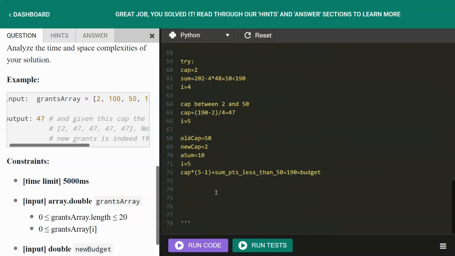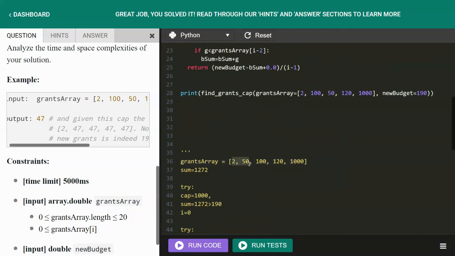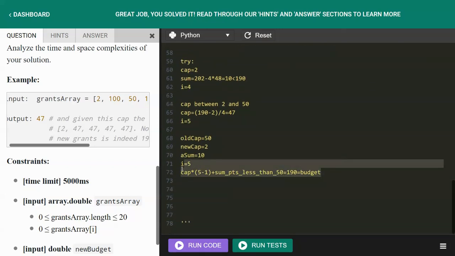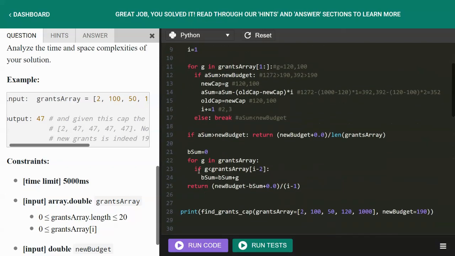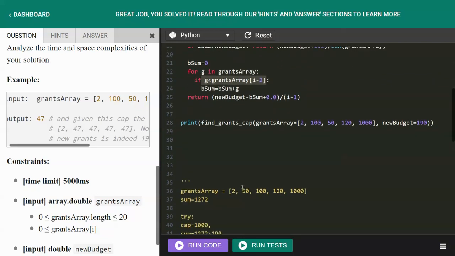And in the case where what we just analyzed is somewhere between 2 and 50, in that case we just apply this formula and solve for this cap rate. And for the B sum, we just keep track of it and scan through the grant array again to see which grants are less than, in this case, 50. If a grant is less than 50, you add it to the B sum.